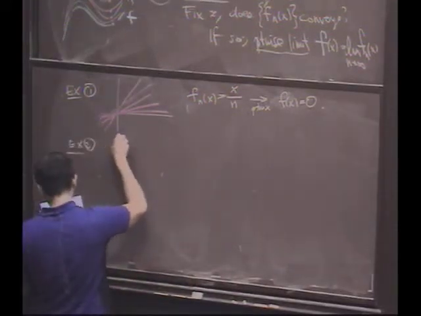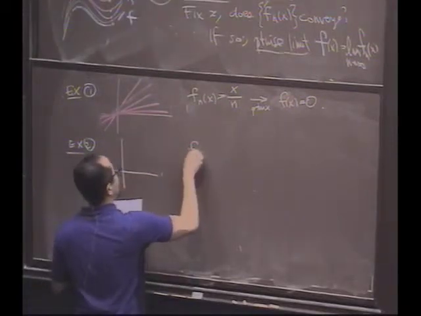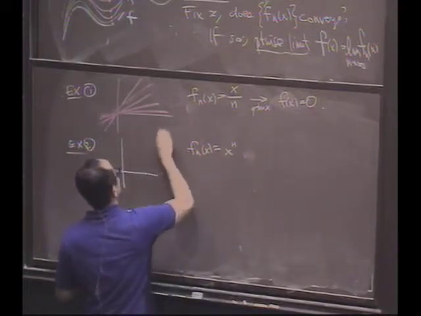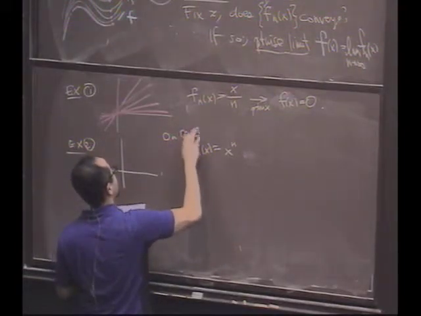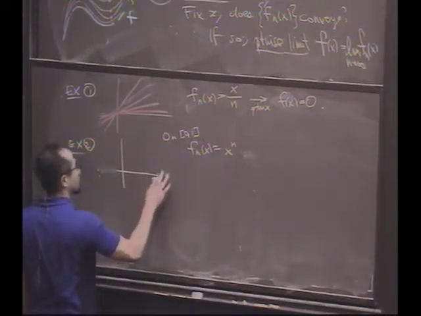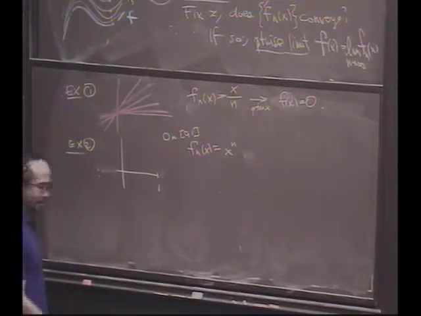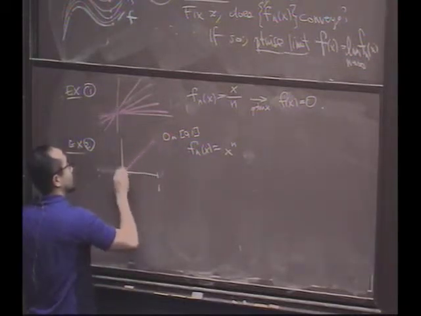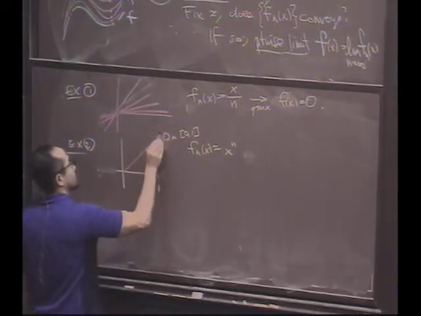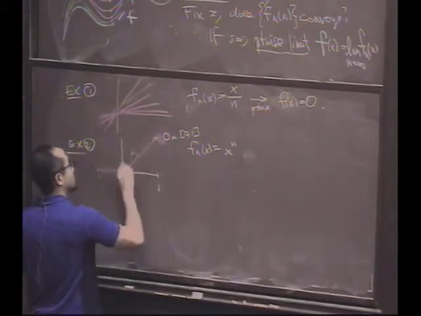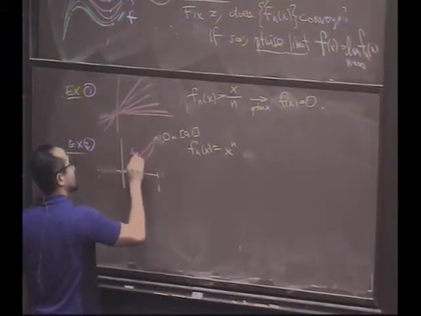What about this function? How about f sub n of x equals x to the n, and we're now limiting ourselves to the domain [0, 1], not the whole real line. Does this converge pointwise? Let's see. What is f1? x. What's f2? x squared. What's f3? x cubed.